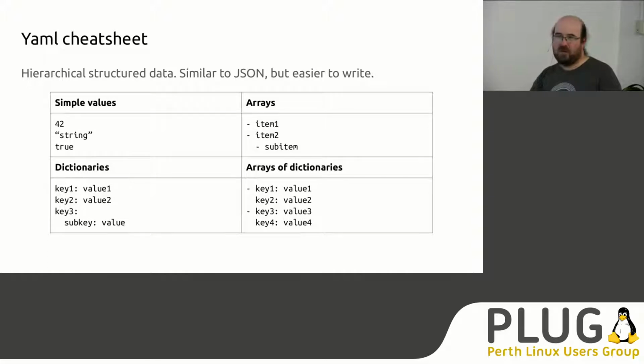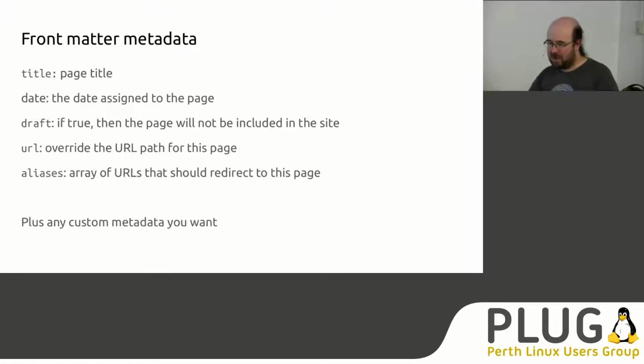You can also have hierarchical stuff, so that the value for some particular key might be another dictionary of keys and values, or you can have arrays which use a dash syntax, or arrays of dictionaries. It's basically a fully recursive type system, so you can make it arbitrarily nested like this.